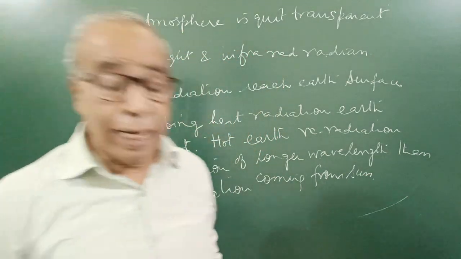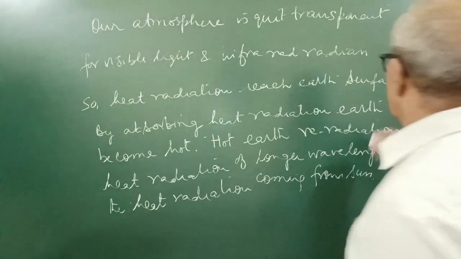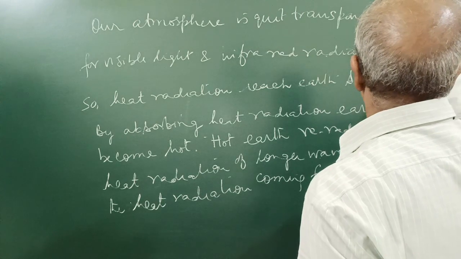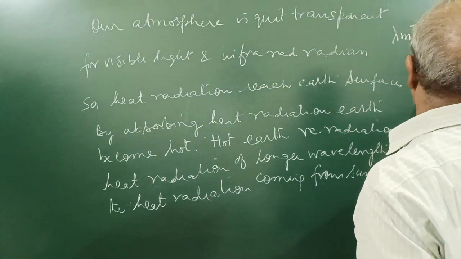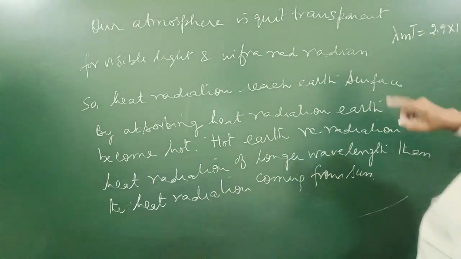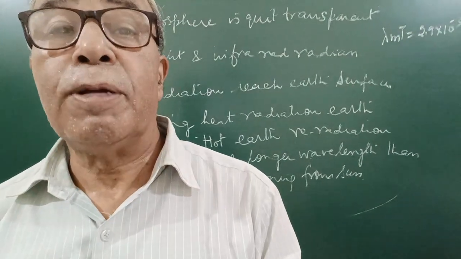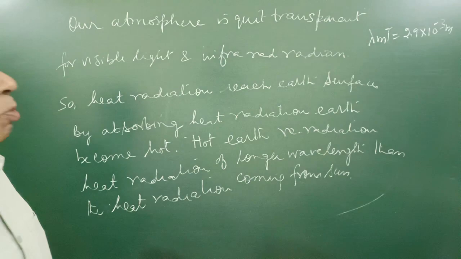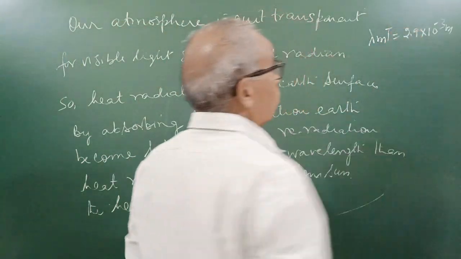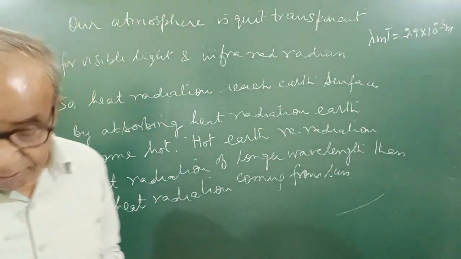Actually, the infrared radiation coming from the sun has a shorter wavelength than the infrared radiation coming from the Earth. There is a relation, λm × T = 2.9 × 10⁻³ meter Kelvin. It is called Wien's displacement law. Because the temperature of the Earth is very much lower than that of the sun, lambda is longer.